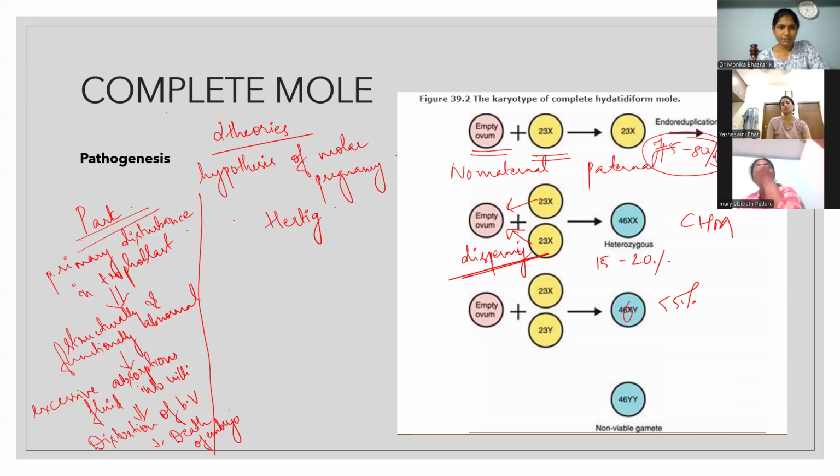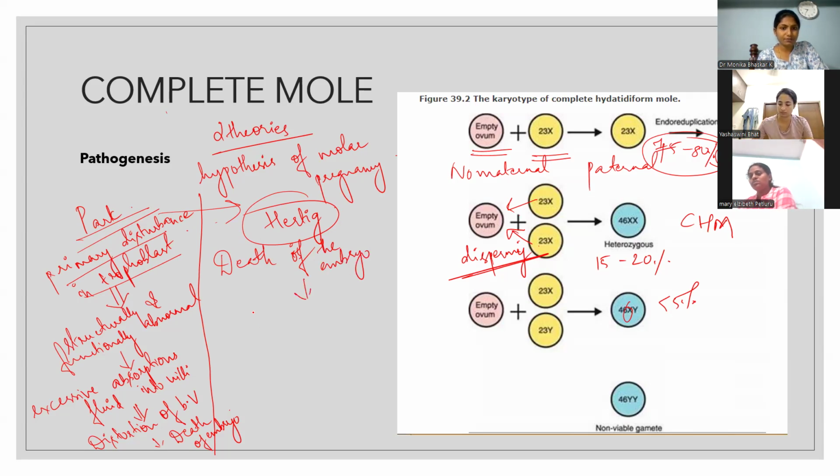But then this was modified and it was said that it is not the primary disturbance of the trophoblast, but initially, because of all this genetic alteration, the death of the embryo happens first, which causes distortion or disappearance of the blood vessels.